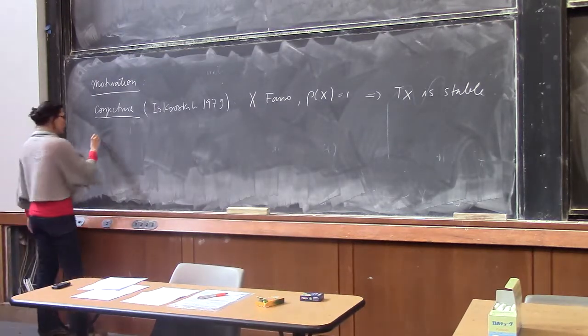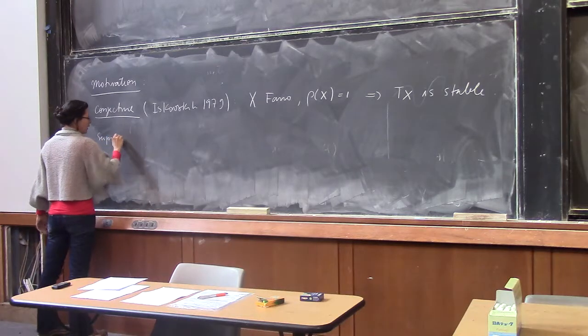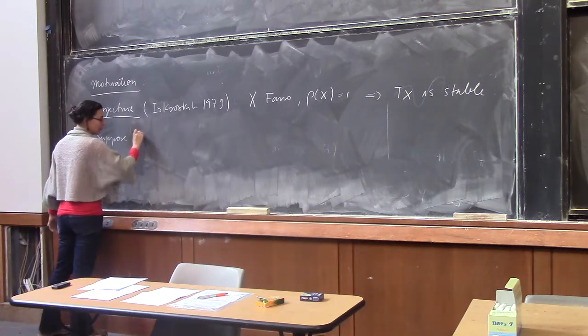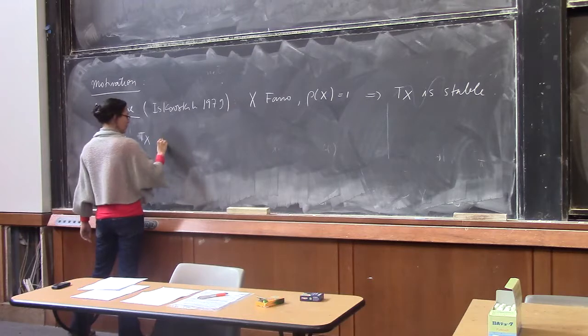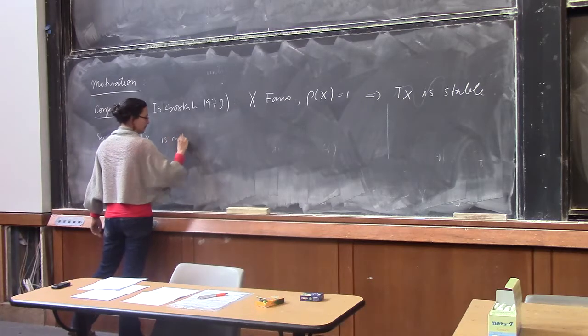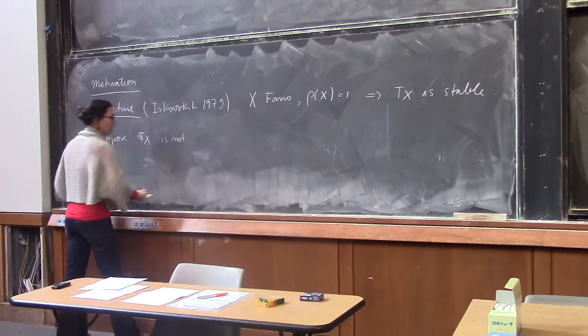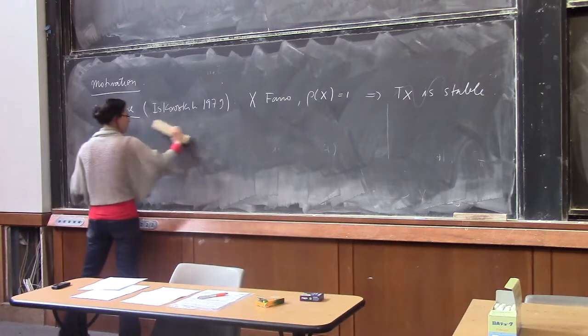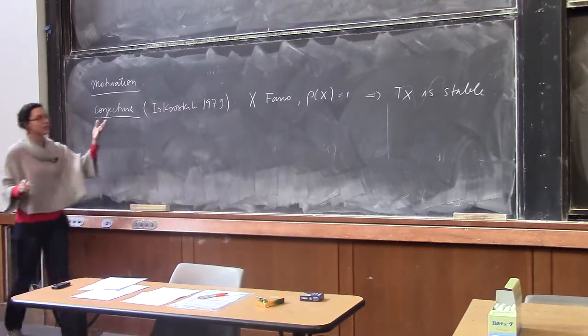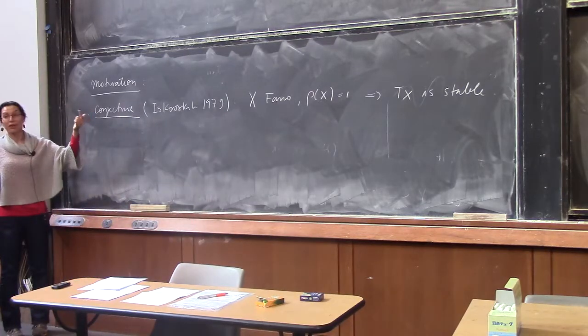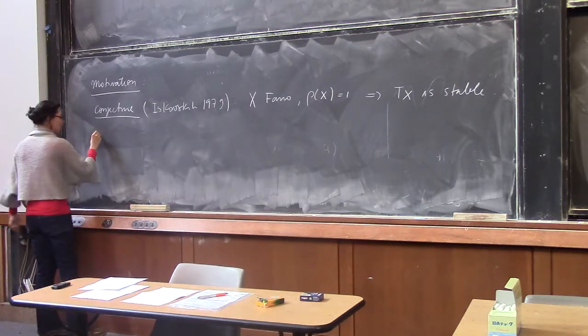So let's assume that the tangent bundle is not stable. First of all, let me just remind you what the stability condition is in this case. Since the Picard number is 1, let me define the slope.